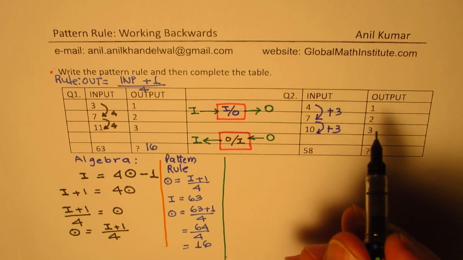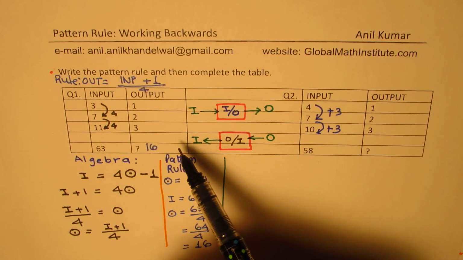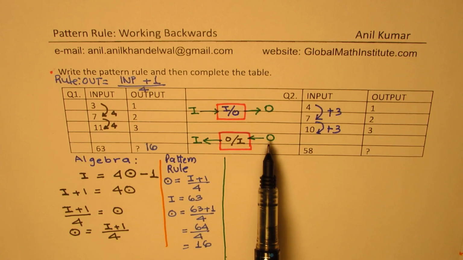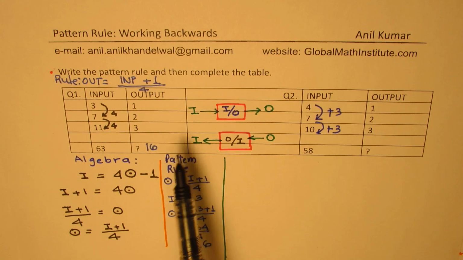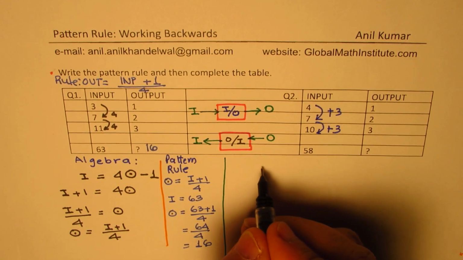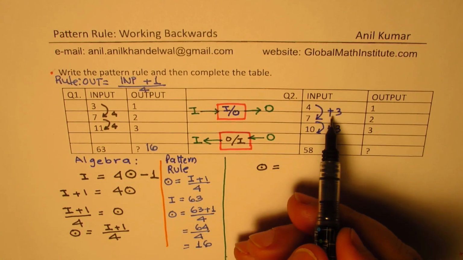Now in this case, we'll again do the reverse operation. We'll work with output to input, right? Of course, if input is giving you some output, output should give you the same input, right? So now we can say, since the outputs are in order, that output O in this case will be related with 3 times.